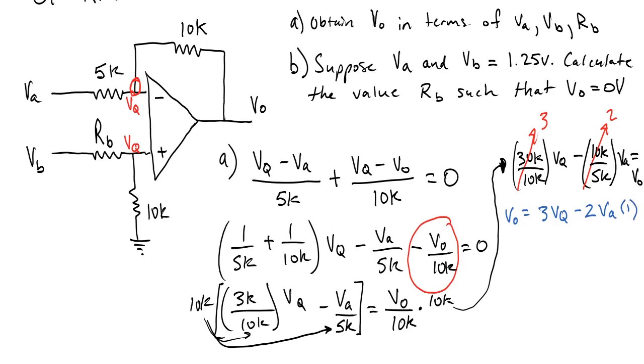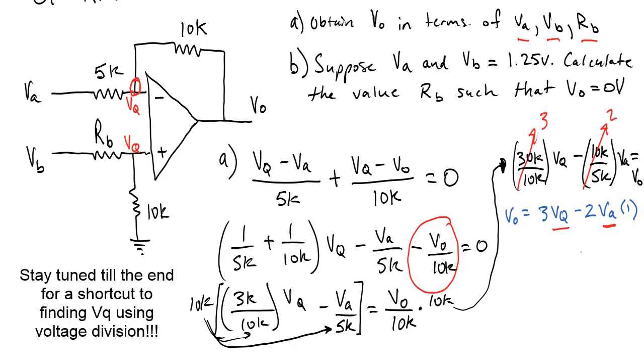You can tell here that we're almost there, but we're not completely there yet because we have this VQ, and the original question wants VO with respect to VA, VB, and RB. So we can tell here we're covered with the VA portion, but we need to take this one step further and figure out what VQ is. So VQ, first we were looking here at this node.